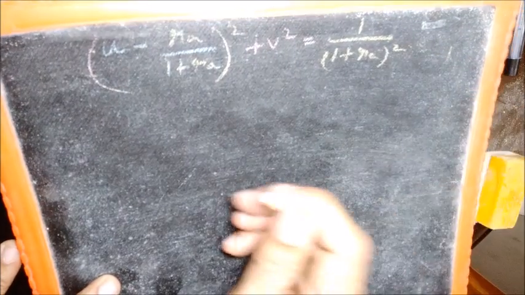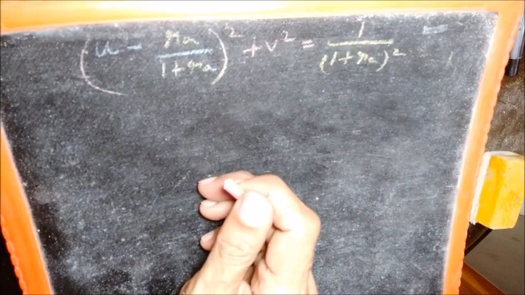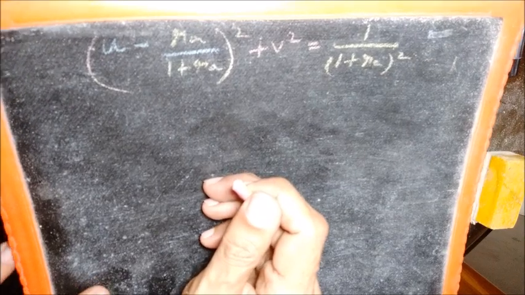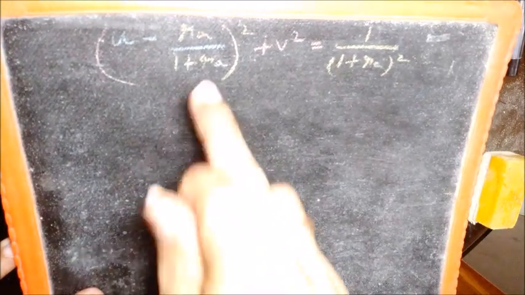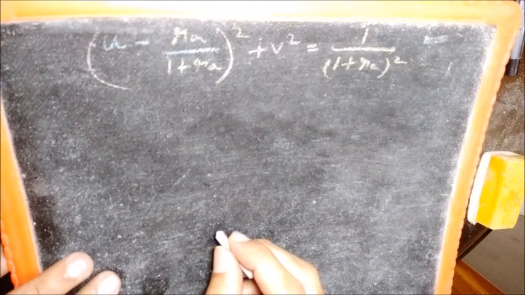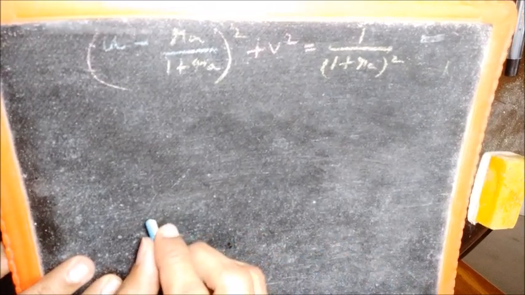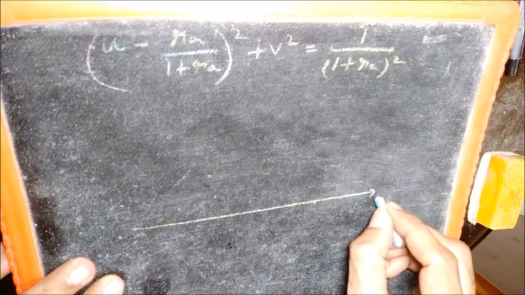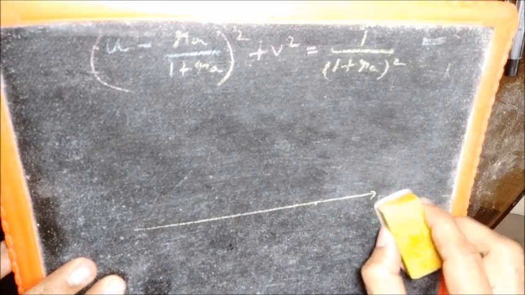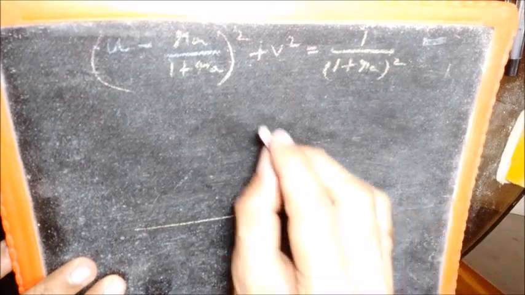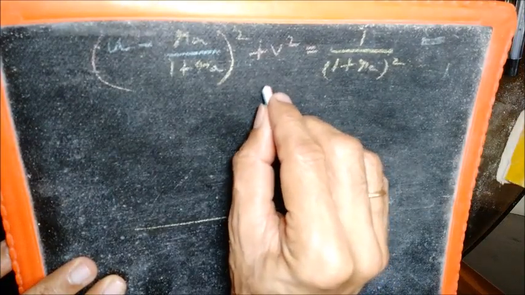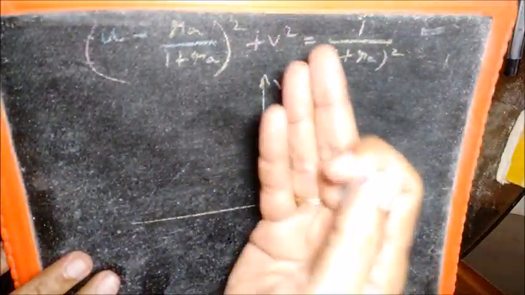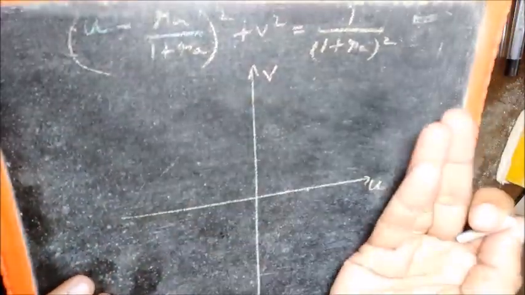Let us take this first and let us try to plot this circle. As we see here clearly, it's a function of Ra, and let us say that this is our u axis, and this is the v axis. So remember, it's being plotted on the uv axis.